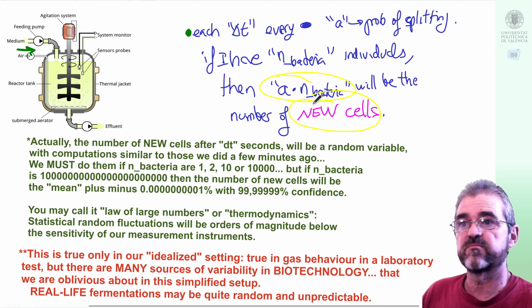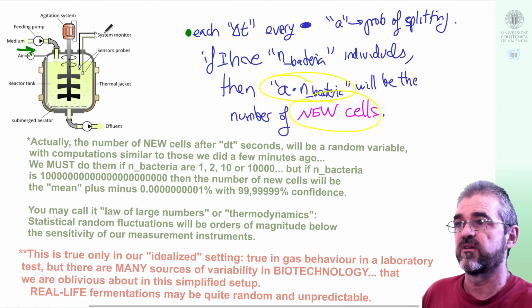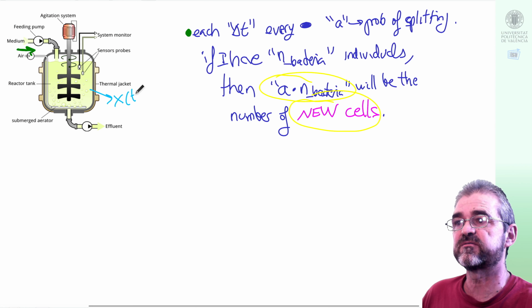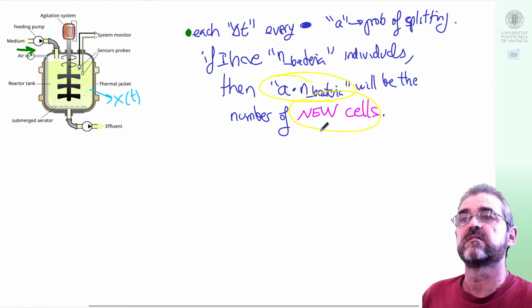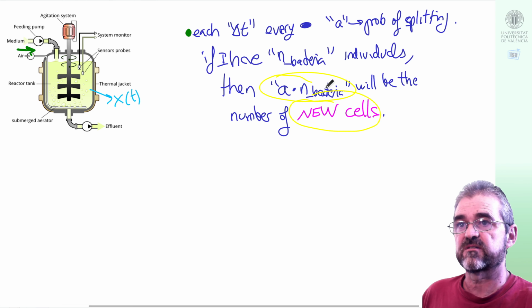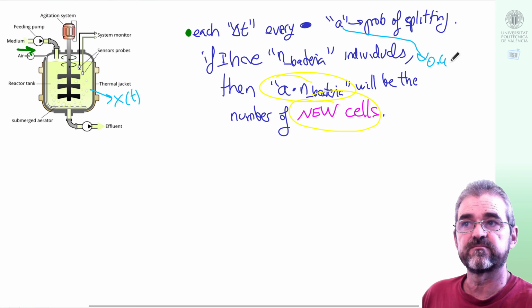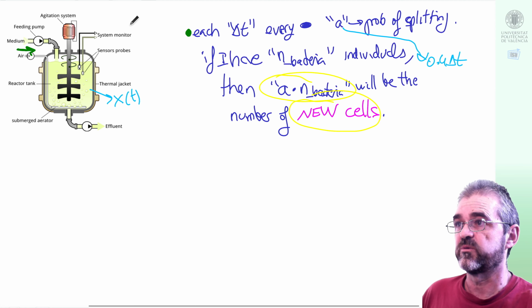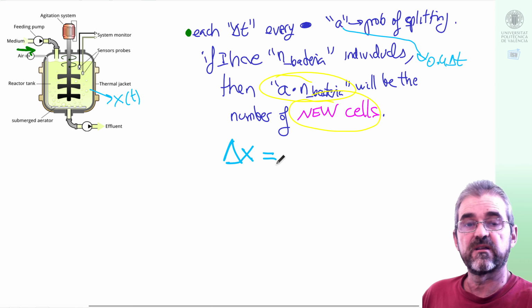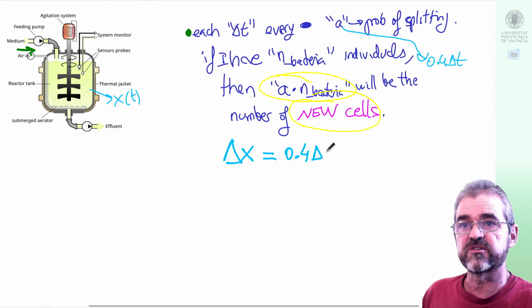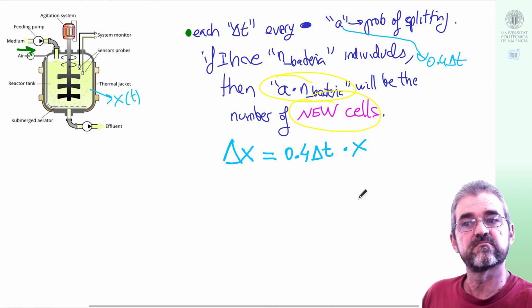This is the number of new cells, but now, as I called the number of bacteria x of t, which is a more concise notation than n bacteria, then as A was 0.4 increment of t, what we are saying is that the increment of x in a base time interval will be, if the time interval is small enough, 0.4 increment of t times x.